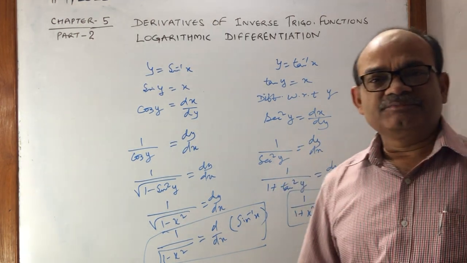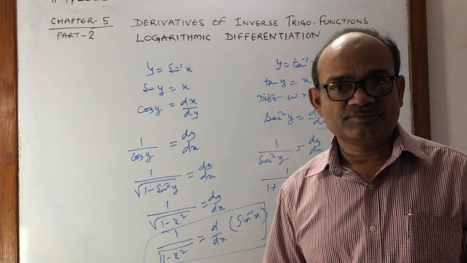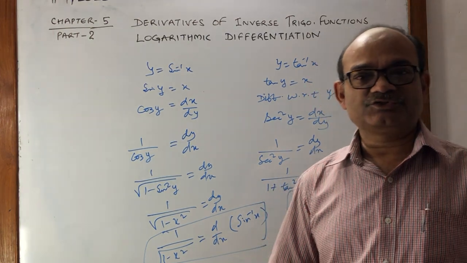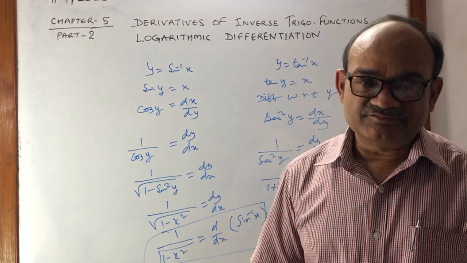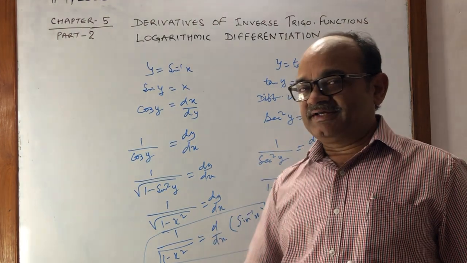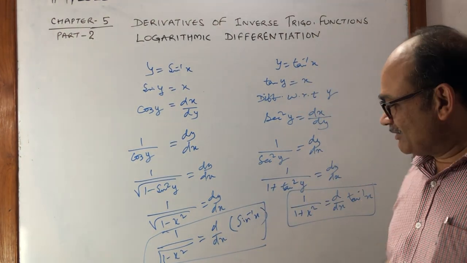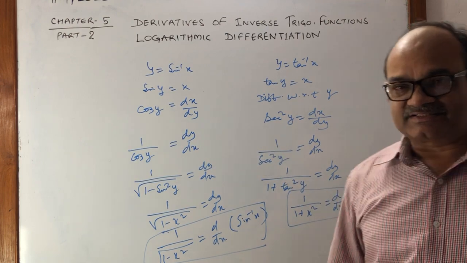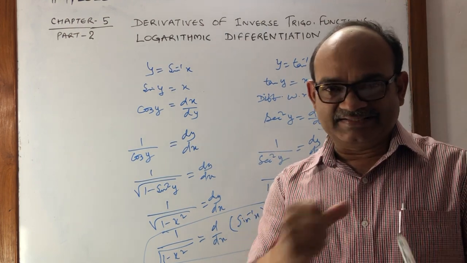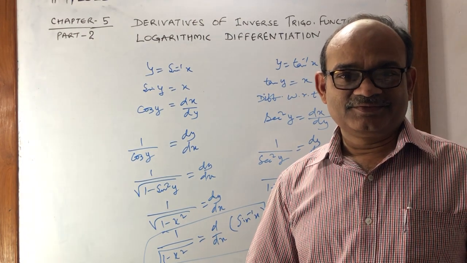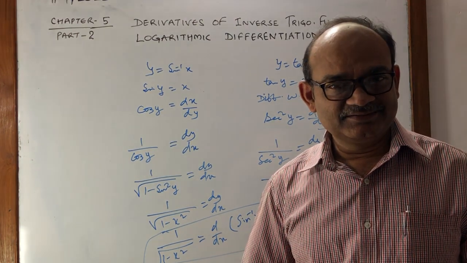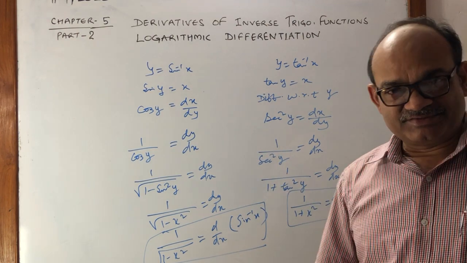Similarly, we can derive for the other four: y equals cos inverse x, cot inverse x, sec inverse x, and cosec inverse x. The important point, just for fun: whenever the trigonometric function starts with the alphabet C, the answers are negative, either in simple differentiation or in inverse differentiation.